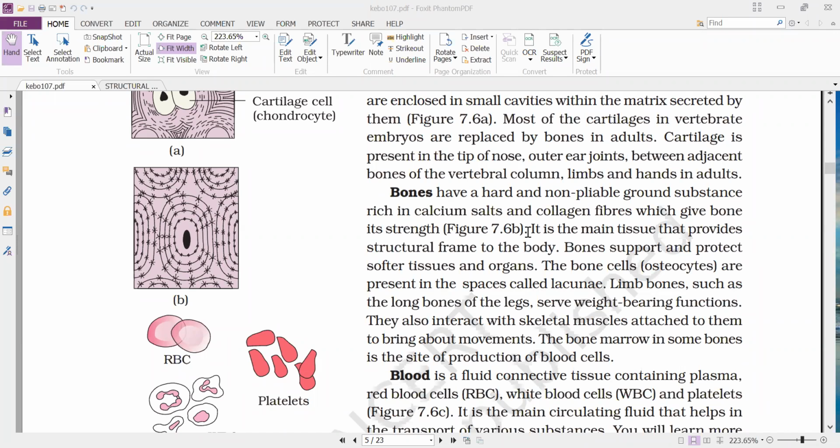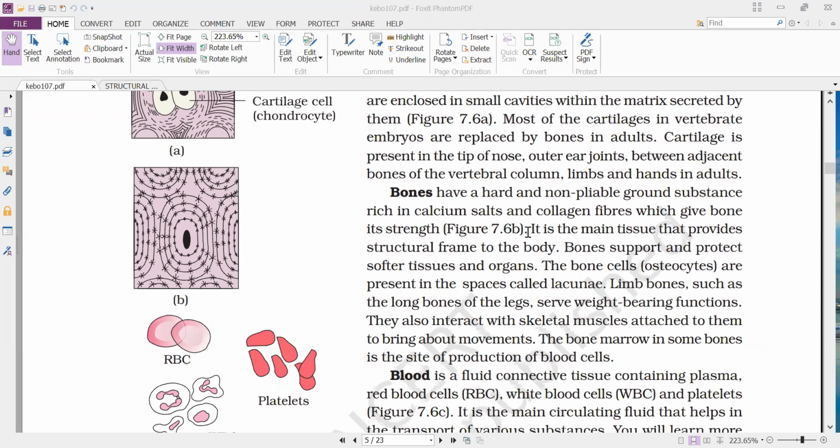The bone cells, which we call osteocytes. When they are active, they are called osteoblasts. When their function of producing matrix is completed, they become inactive and are called osteocytes. The osteocytes are present in spaces called lacunae, just like how the chondrocytes are enclosed inside cavities.